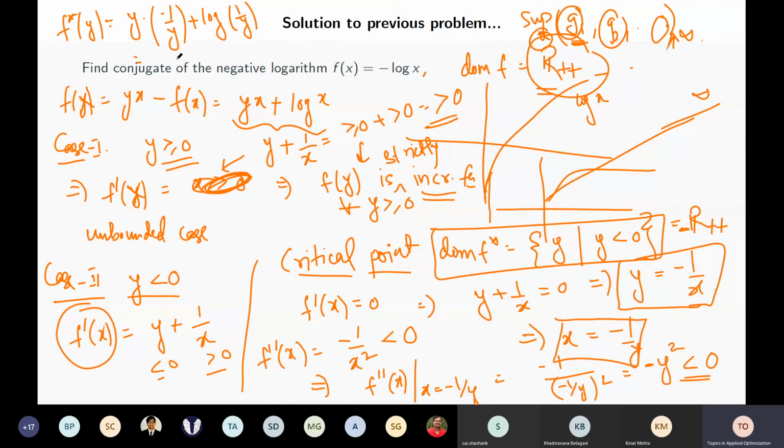Okay, so if I simplify this, then this will be minus log of minus y minus 1, for all y less than 0. Okay, so this is what we will get, right?